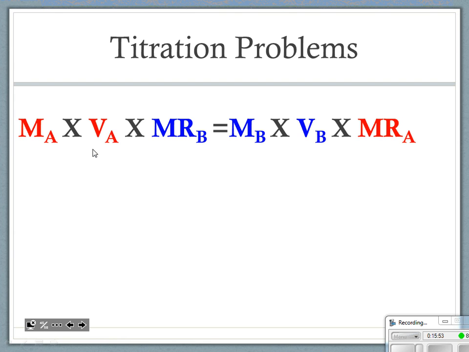That's the one that probably you don't know. Molar ratio of the base. So MRB, molar ratio of the base. So the molarity of the acid times the volume of the acid times the molar ratio of the base is equal to the molarity of the base, the volume of the base, the molar ratio of the acid.